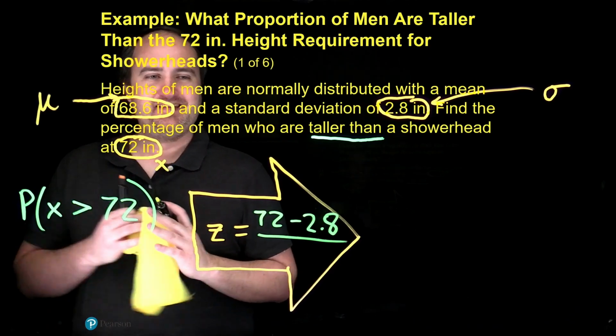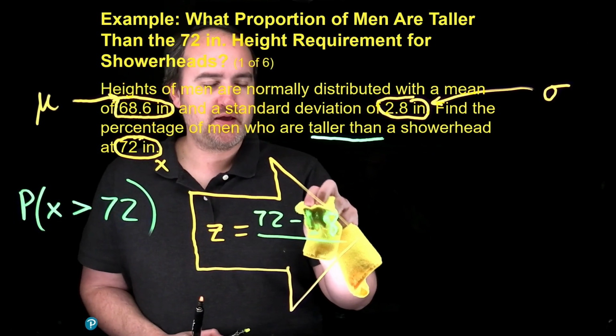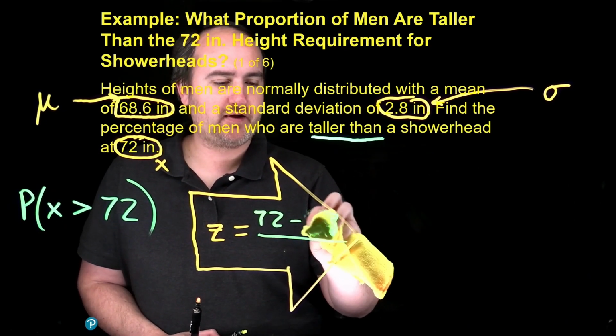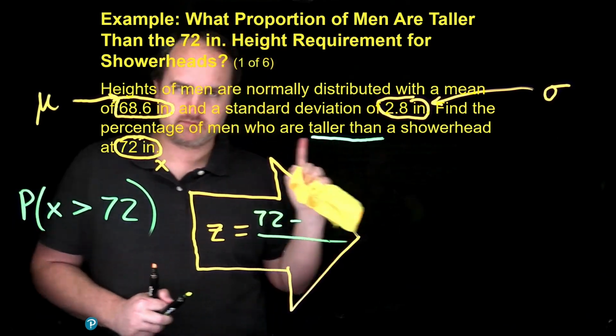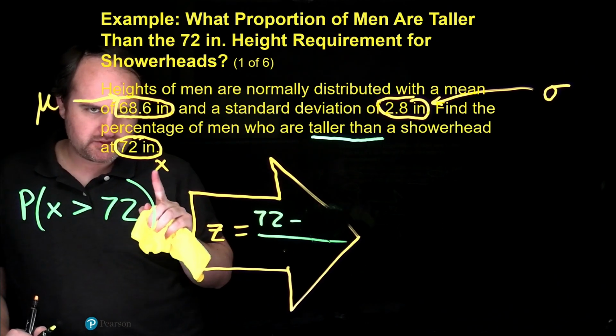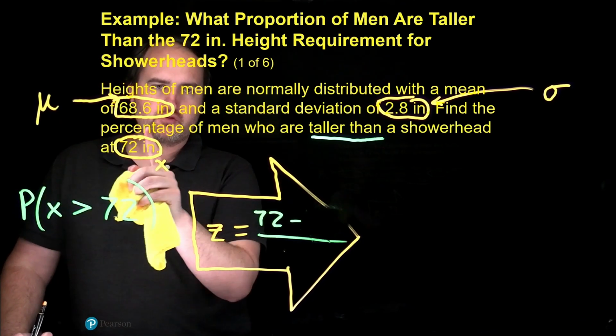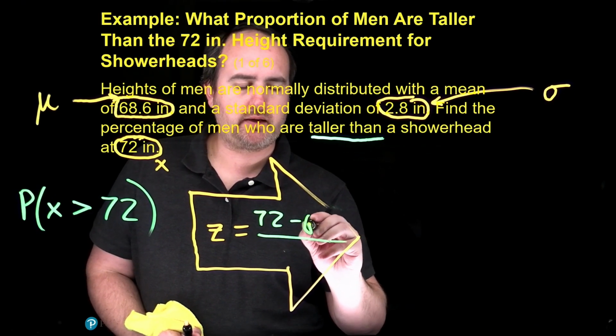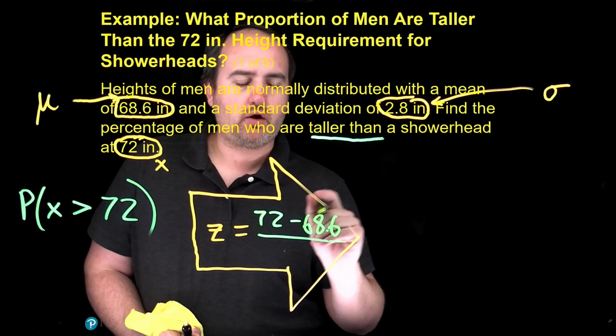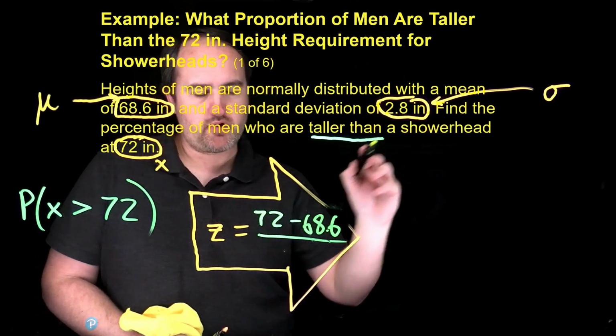Whoops, I mixed up mu and sigma. Well, that happens, so I'll just leave it in the video. So try that again. x is 72 minus mu, which is 68.6. Good thing I caught that. All over sigma, which is 2.8.